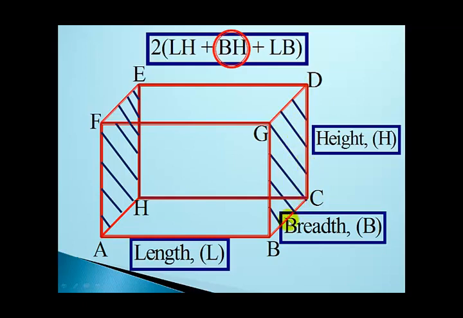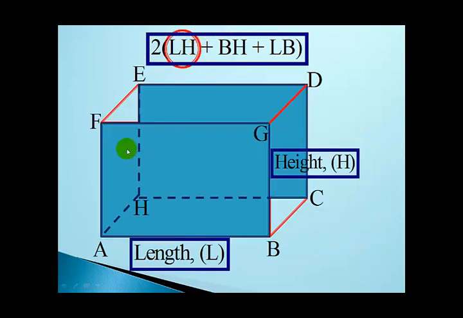Now, when we want to calculate the area of the rectangle BCDG, it is the breadth times the height, that is B times H. And because the region GBCD is the same as the region FAHE, that is why we multiply BH also by 2, and that's why 2 has been factored out. Now we know where BH came from. Now let's look at where LH is also coming from.